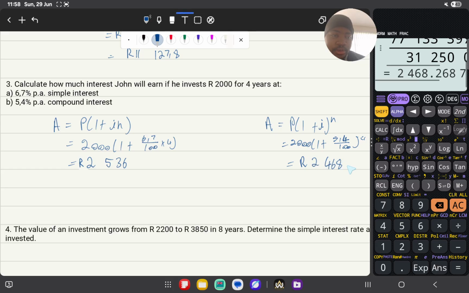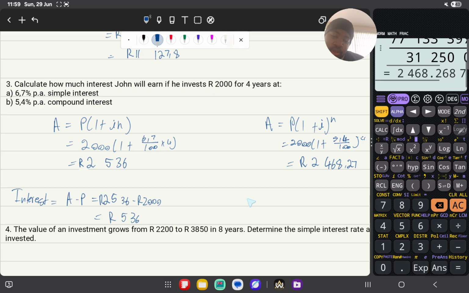Usually compound interest is always higher than simple interest, so I got a bit shocked. So now to calculate the interest, we can just say interest equals A minus P, which is 2536 minus 2000, which is 536.